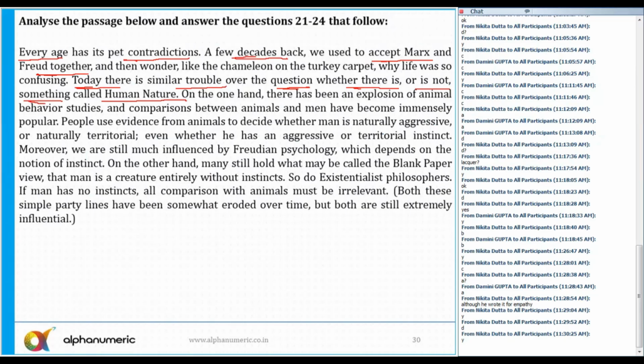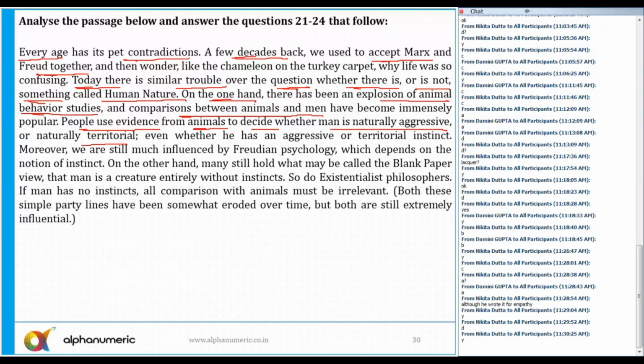He tells you that, on the one hand, there has been an explosion of animal behavior studies. We are studying a lot of animal behavior, and we are making comparisons between animals and men. People use this evidence from animals to decide whether man is naturally aggressive or naturally territorial.